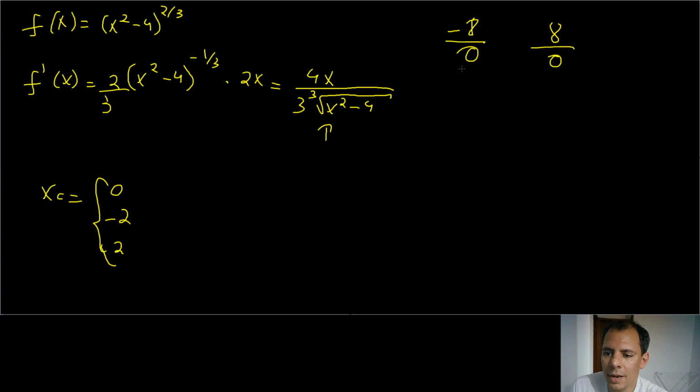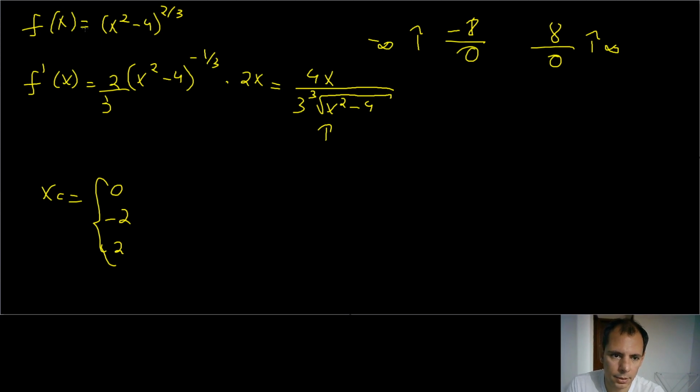So this can never happen, but as x approaches 2 and minus 2, either from the right or from the left, the denominator is going to approach 0. So I know that this is going to approach infinity, this negative infinity, and this one here is going to approach infinity.